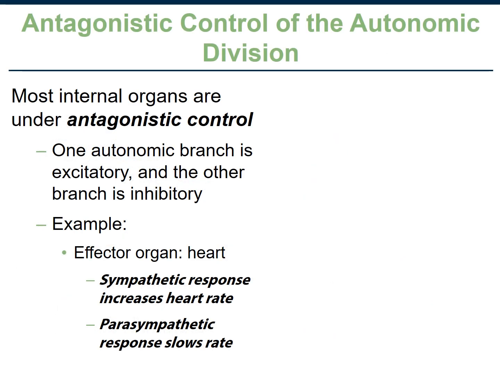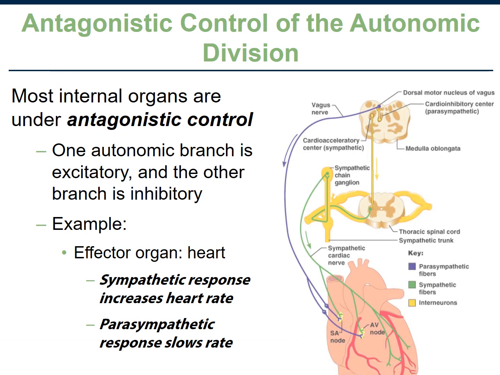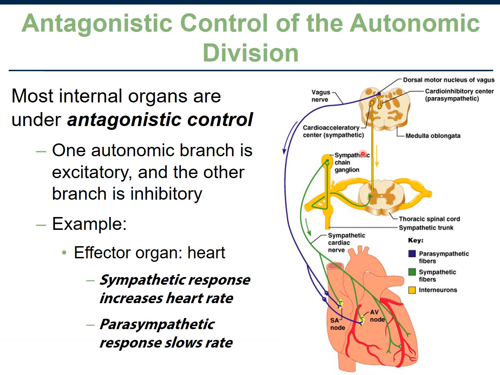And so, as I mentioned in the previous slide, we talk about antagonistic control. For example, the heart is a classic example of antagonistic control. That is to say, if you have a sympathetic stimulation, the nerves will come down and activate these nodes, these pacemakers, to increase rate.